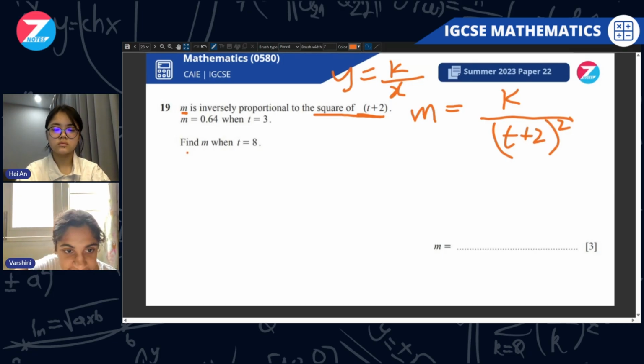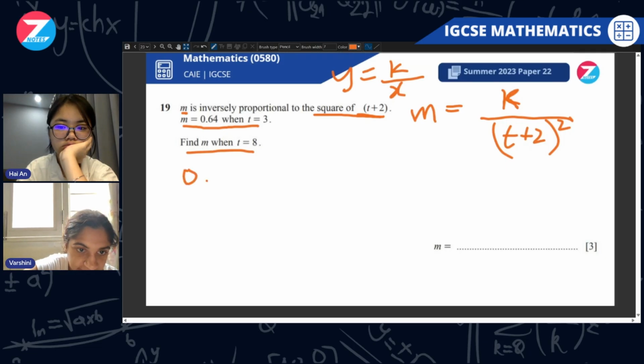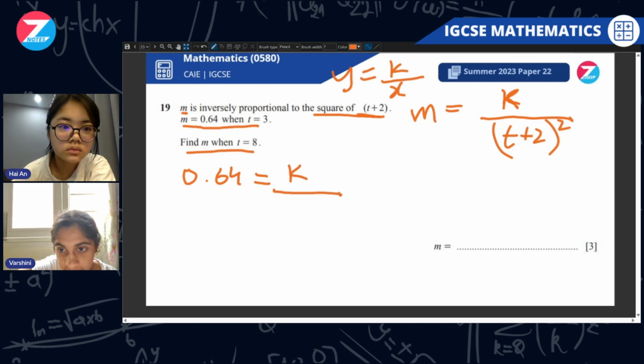So now to find the second part, we need to find the value of k. And in order to find the value of k, we just have to substitute in these two values. So we know m is 0.64 when t equals 3. So we can rewrite this over here, replacing m with 0.64 equals k divided by, and we replace t with 3. So it's going to be 3 plus 2 squared.